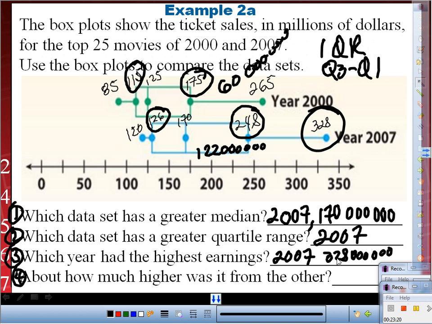Next, about how much higher was it from the other? Leslie. From 265 to 328. 63 million.